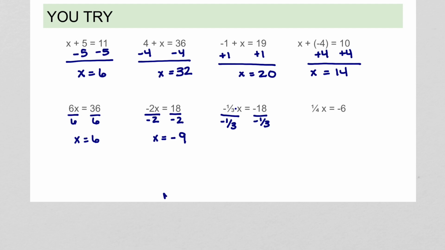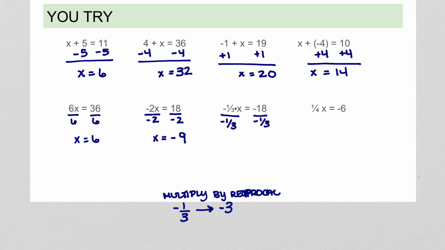We are going to multiply by the reciprocal. Reciprocal. I'm horrible at spelling. So what is the reciprocal of negative 1/3? Well, the reciprocal of negative 1/3 is negative 3, or negative 3/1.